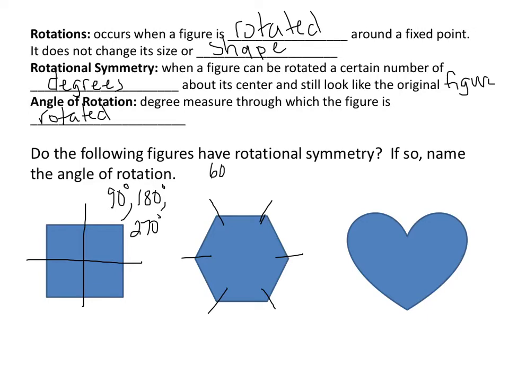So this one has rotational symmetry of 60 degrees, 120 degrees, 180 degrees, 240 degrees, 300 degrees would all be rotational symmetry. The heart, while it is symmetrical, when you rotate it, it will never look the same. So this does not have rotational symmetry.